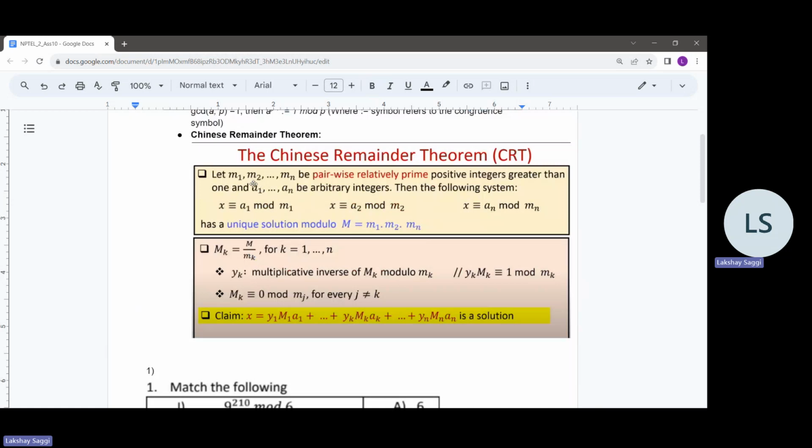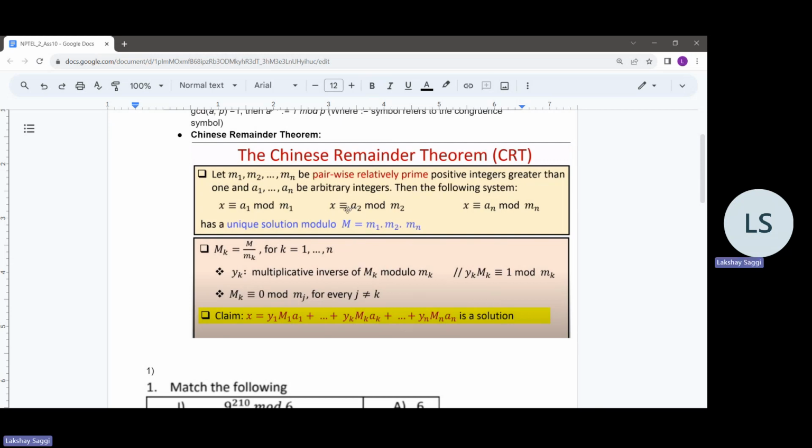So what the Chinese remainder theorem says is that, let's say there is a number x which leaves a remainder of a1 when divided by m1, a2 when divided by m2. Then it will have a unique solution when divided by 2 times 3, right?